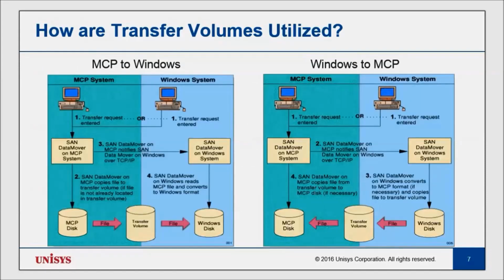How are these transfer volumes utilized? There are two pictures here. On the left, we see one from MCP to Windows, and on the right, we see one from Windows to the MCP environment. At this point, I'll encourage you to pause the video, as I won't go through each of these little caveats, so you can study these for yourself.